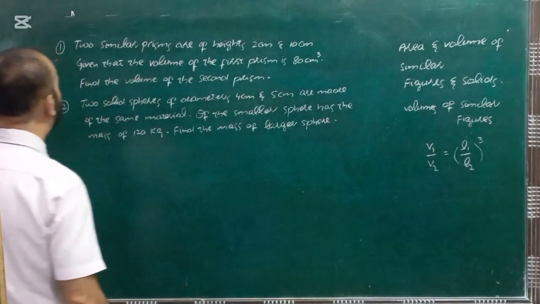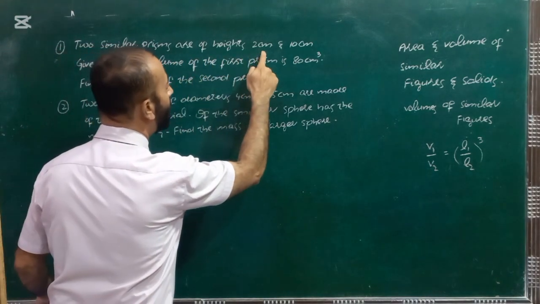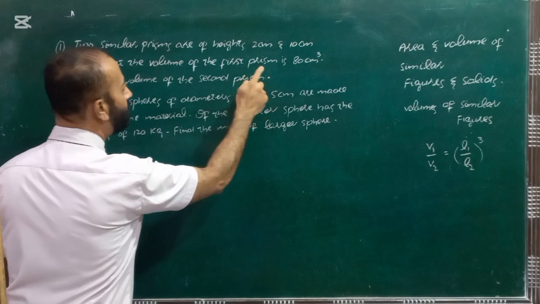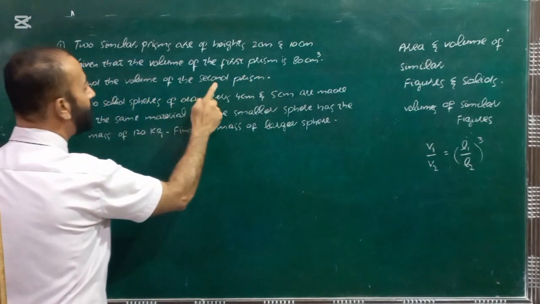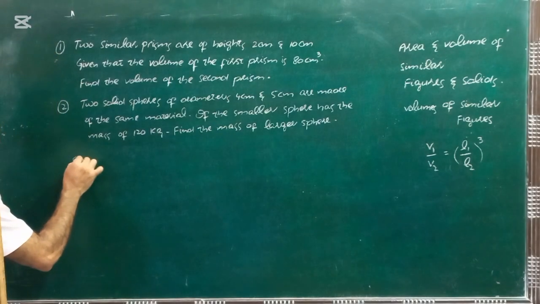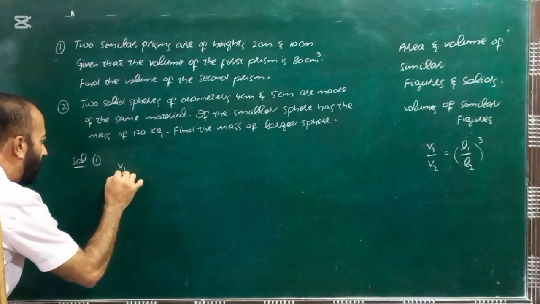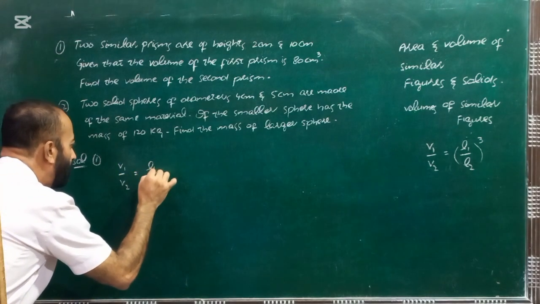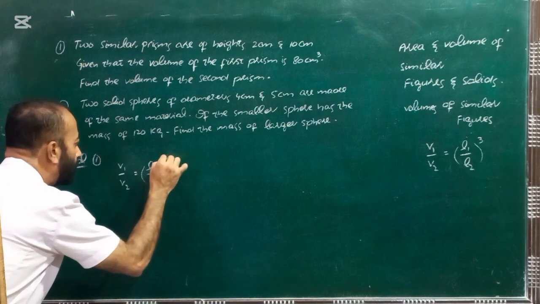Here are 2 more questions. The first question is, 2 similar prisms are of height 2 centimeter and 10 centimeter. Given that the volume of the first prism is 80 centimeter cube, find the volume of the second prism. So look now, solution for the first question. V1 over V2 will be equal to L1 over L2 whole cube.